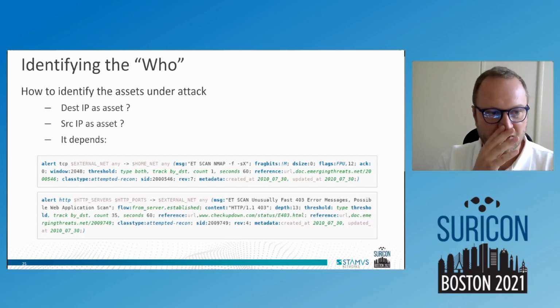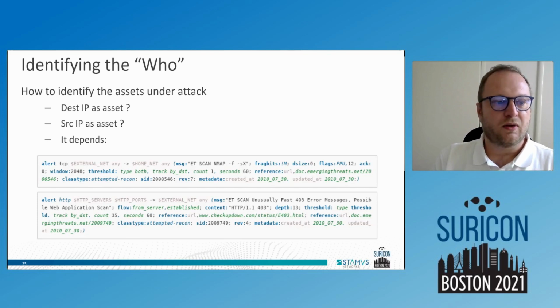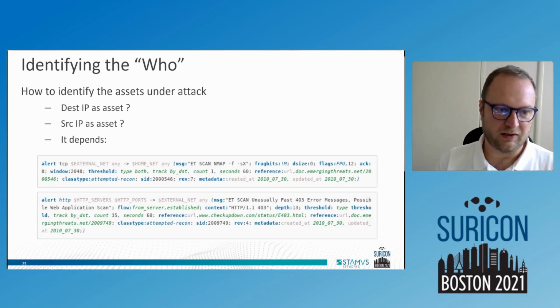If you take the first one, it goes from external net to home net, and we have pattern matching on something that is going through your home net. So in fact, the source is the one triggering the attack on the home net, which is the target. So the asset will be the destination IP.